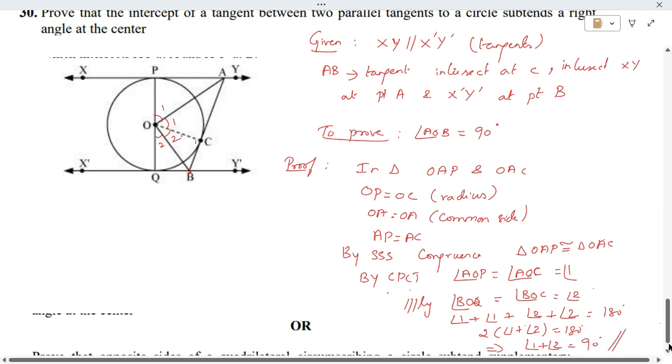So this is what they are asking me to prove. Angle 1 is AOC and angle 2 is BOC, so angle AOB is equal to 90 degrees. This is what I had to prove, isn't it?